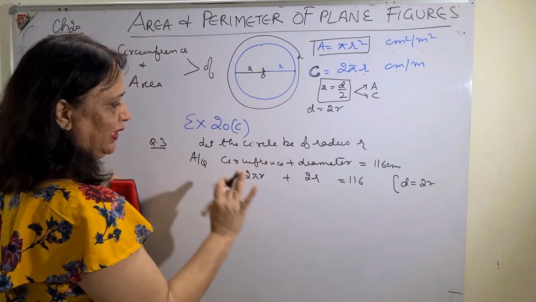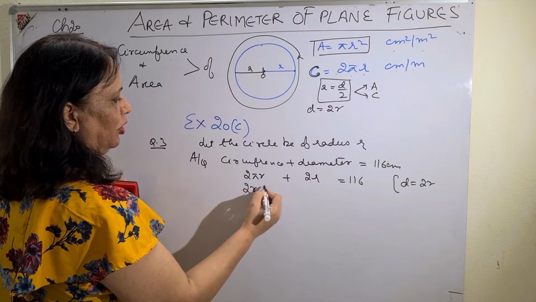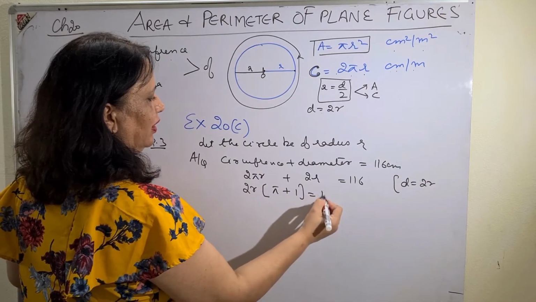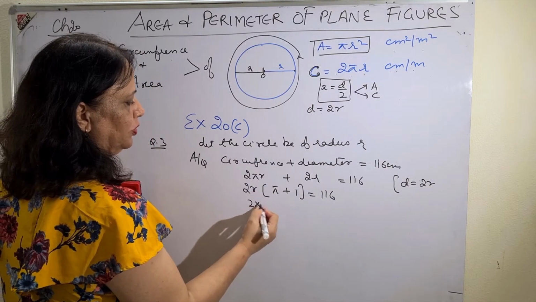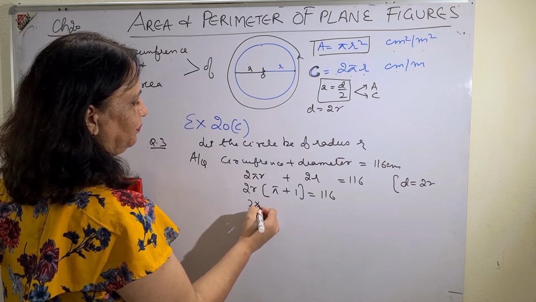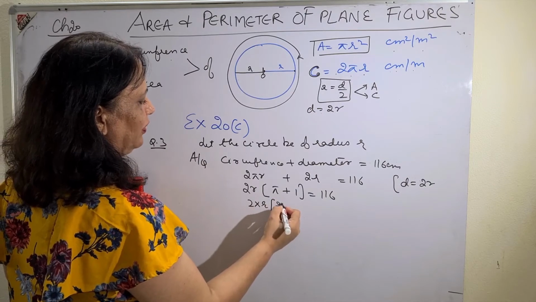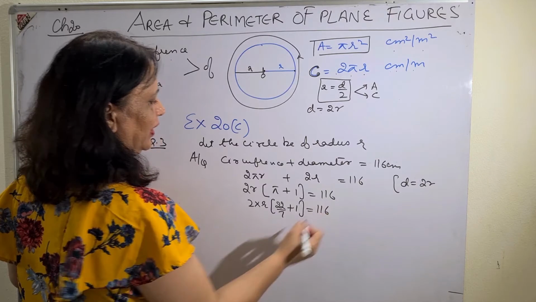And then it is very easy, only calculations. You take 2r common, and you are left with pi plus 1. Only making your calculation simple. 2 into r, the value of r is not given, you have to find it. Pi is taken as 22 upon 7, plus 1, is equal to 116.